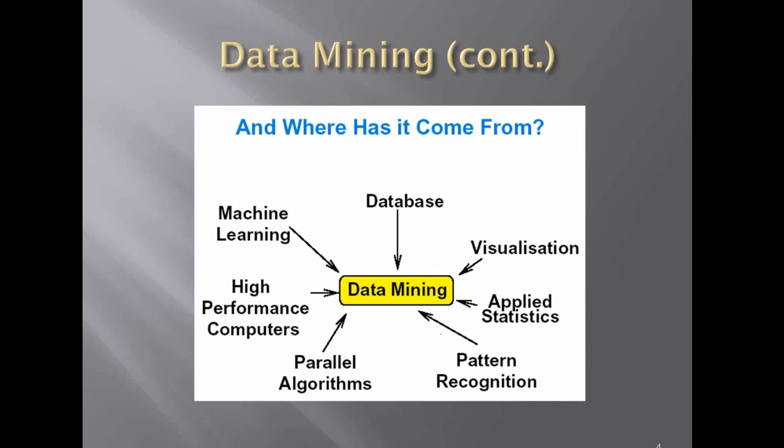We have applied statistics, software that can apply statistics to specific data. We have pattern recognition, where we can recognize certain patterns. We have parallel algorithms. Then we have high-performance computers, and we have machine learning. All those things contribute to the overall data mining.